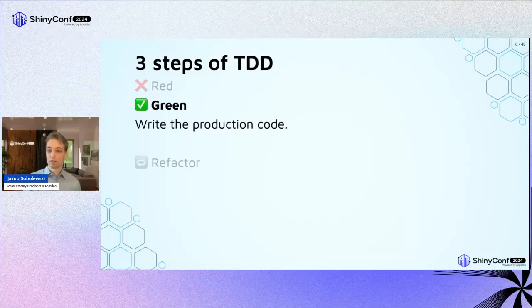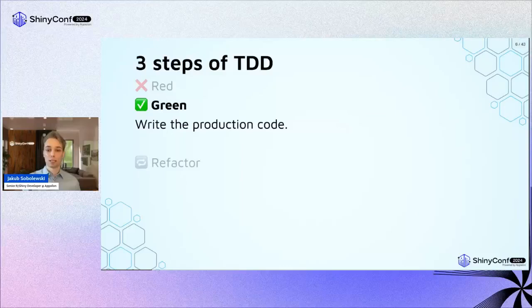Green. Once we have at least one failing test, we can write production code to satisfy it. Since we have tests, we can run them as often as we need. We have a reproducible way to check if the code we write works as expected. We don't need to set up the environment by hand each time we sit down to write the code, or to do a lot of clicking in the app if we're developing an app.